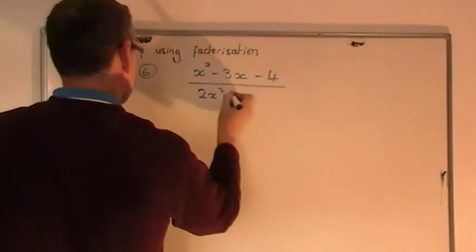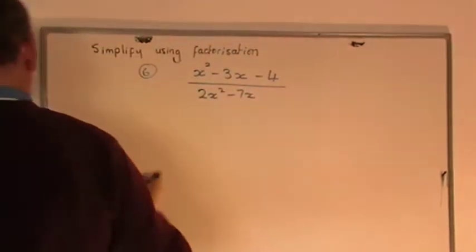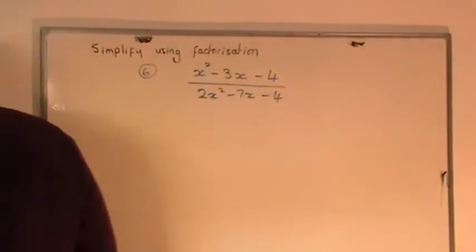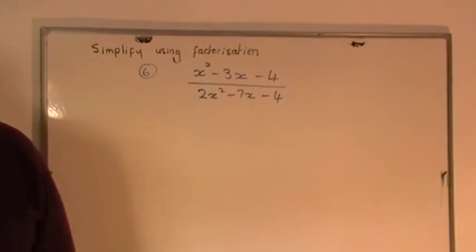It's 2x squared minus 7x minus 4, like so. Let me just double check that I haven't made a silly mistake. That looks okay to me.